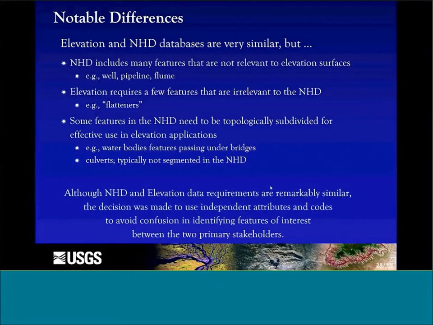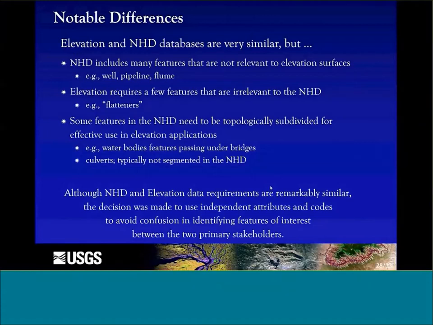As close as the two data sets are, the requirements are very, very similar. We decided that it would be best if we just simply added attributes and codes to everything so that elevation could ignore all the feature codes and just look at the codes for elevation, and the NHD didn't have to worry about the elevation codes.